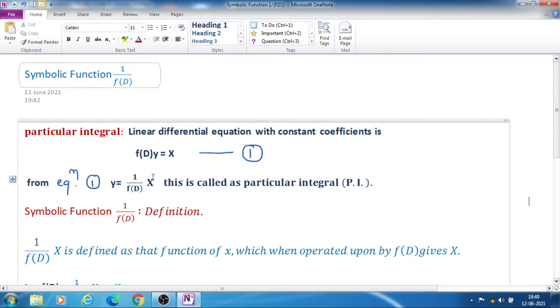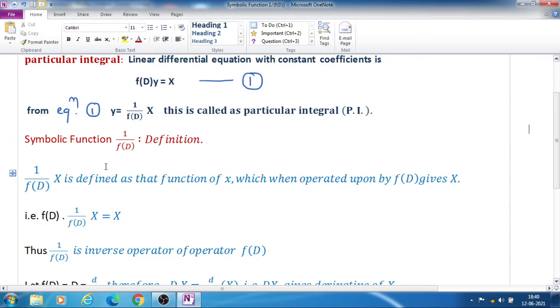For d by dx we use the operator capital D, and our equation becomes f(D)y = X. From this equation we can write y = 1 upon f(D) into X.